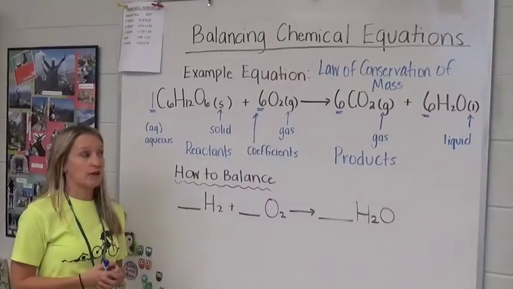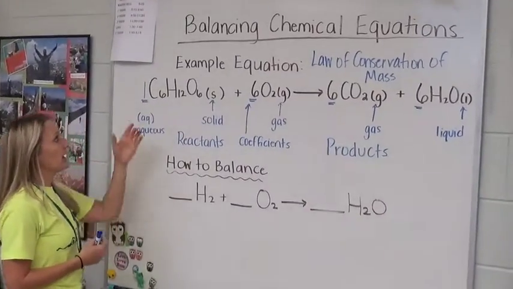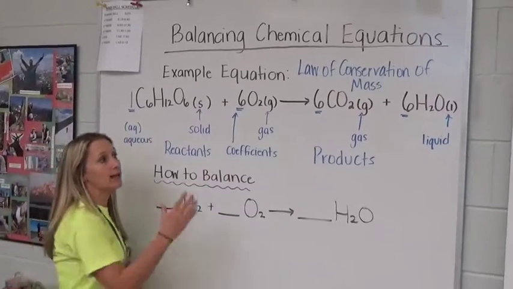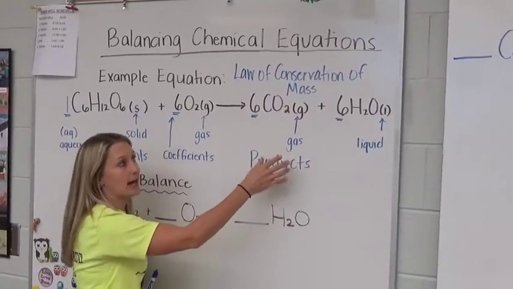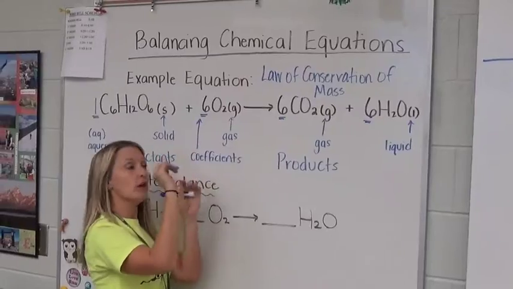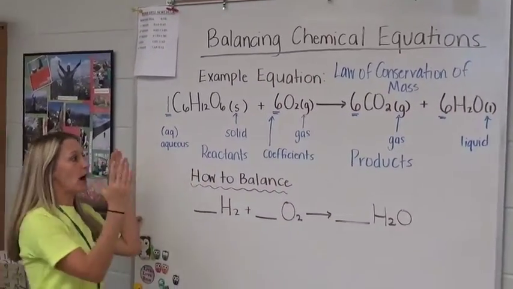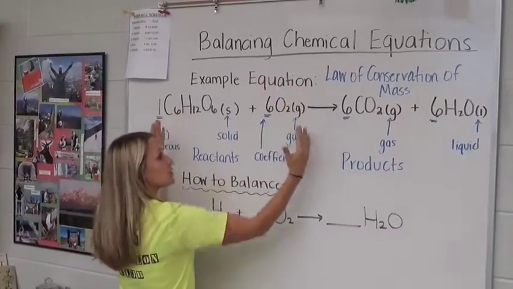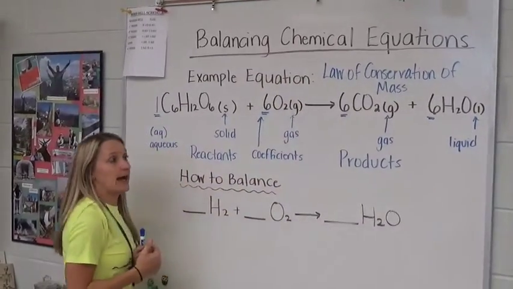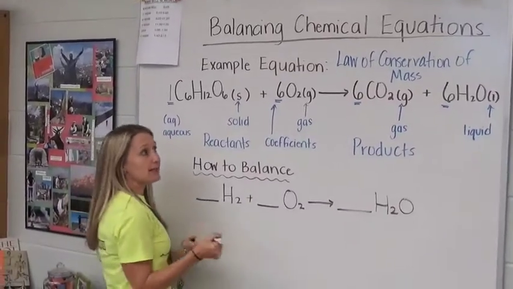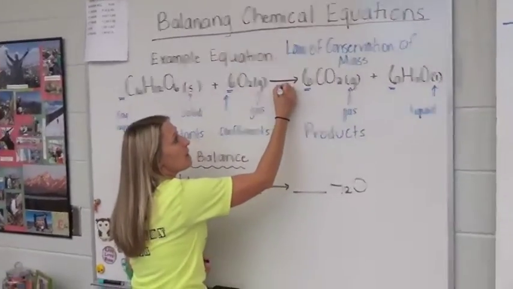It can only be transferred from one place to another. So if I have, say, 6 carbon atoms on this side, I can only show 6 on that side. I can't have 8 and then 2, poof, carbons just showed up. Like it had to come from somewhere. So our reactant side has to match our product side in terms of the amount to follow the law of conservation of mass.